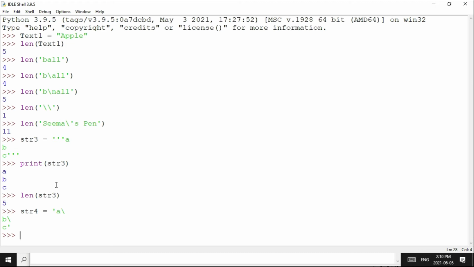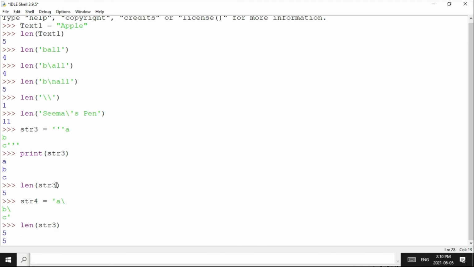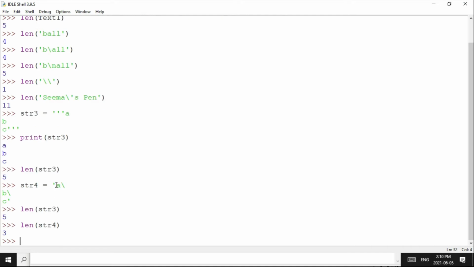Therefore, the total number of characters in this string will be just 3 because new lines are ignored by the backslash. Whenever we pressed enter, that button press was ignored by the backslash. So type here len str3, press enter. Oh, sorry, it should be len str4 and that will result in 3. The length of this string is 3 because whenever we pressed the enter button, that was not counted in the length, that was ignored by the Python interpreter.